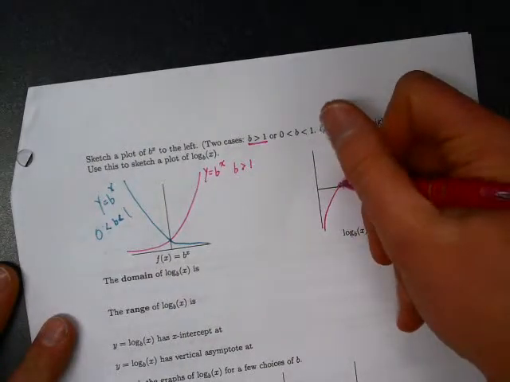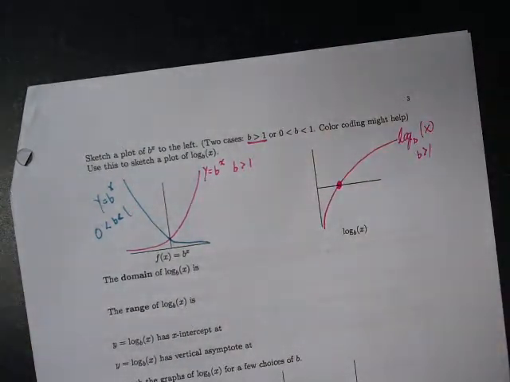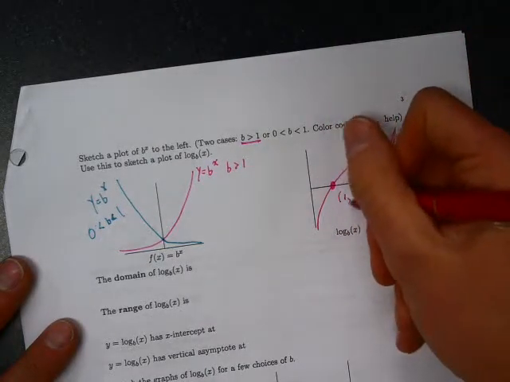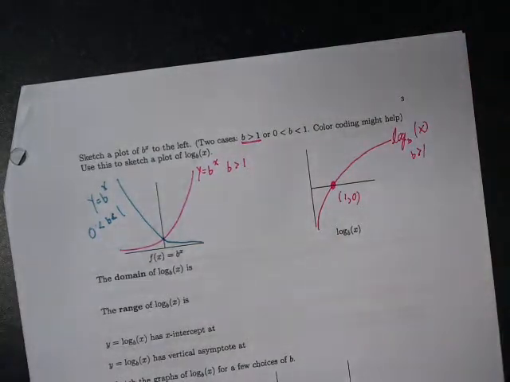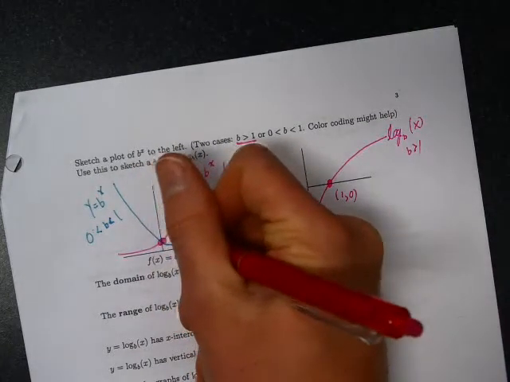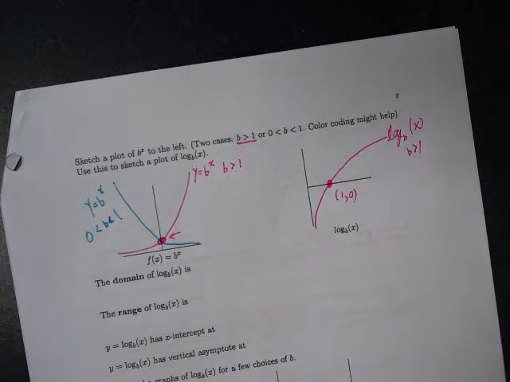Maybe I'll keep track of one thing. What's the coordinate of that x-intercept? 1, 0. Why was it 1, 0? Let's go over here. What is the location of this y-intercept? 0, 1. 0, 1, because b to the 0 is 1.